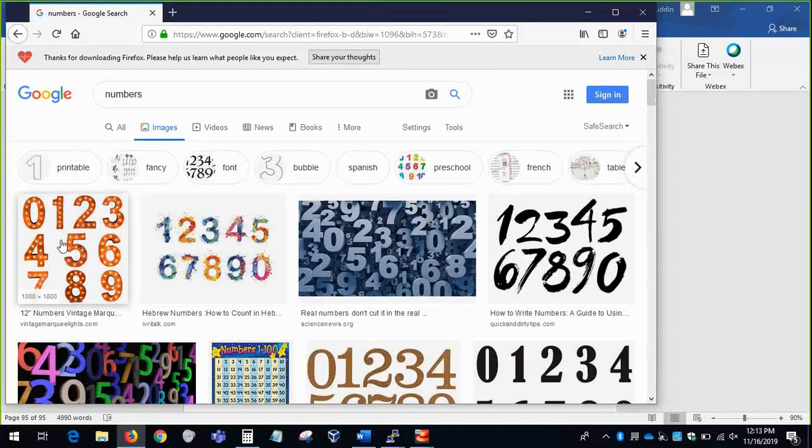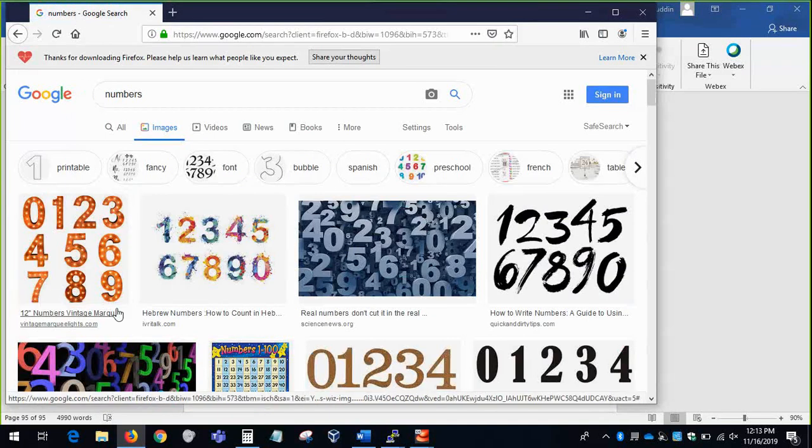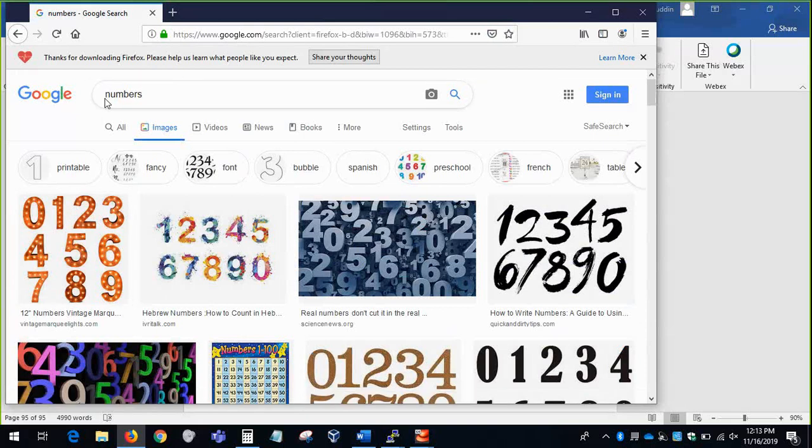So we have 0, 1, 2, 3, so we have 10 numbers here, right? 1, 2, 3, 4. So these are numerals, right? Everybody agree these are numerals?